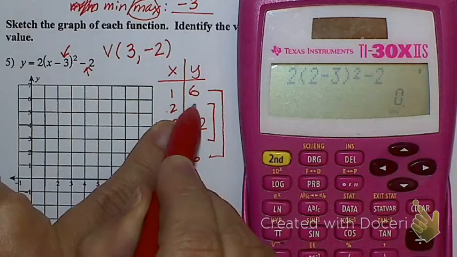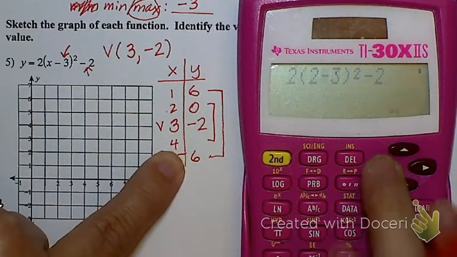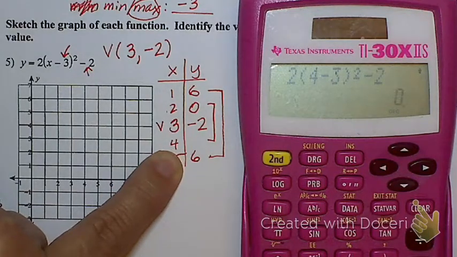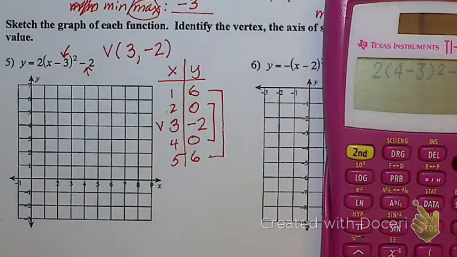And I get 0. And just to show you that that mirror image does hold, I'm going to change that to a 4, and I still get 0. So that shows my mirror image. If for some reason I'm not getting that mirror image, the issue is that I don't have my vertex in the middle. Because as long as my vertex is in the middle, I will always have a mirror image.